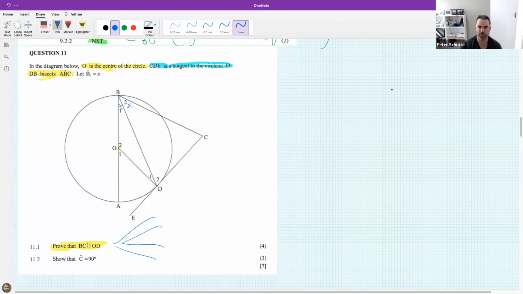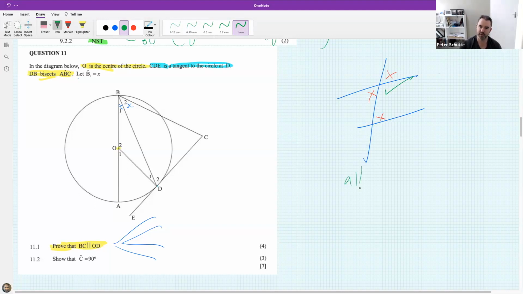From what I can remember, if two lines are parallel, certain relationships will hold. So one relationship I could find would be that this one should be equal to this one, or that one should be equal to that one, or this and this should add up to 180.